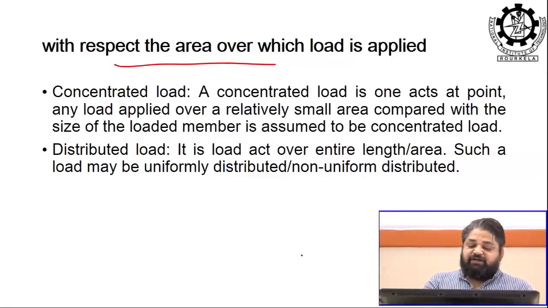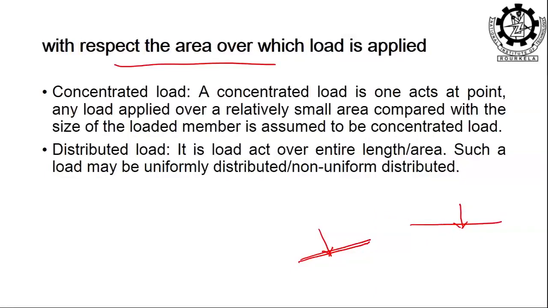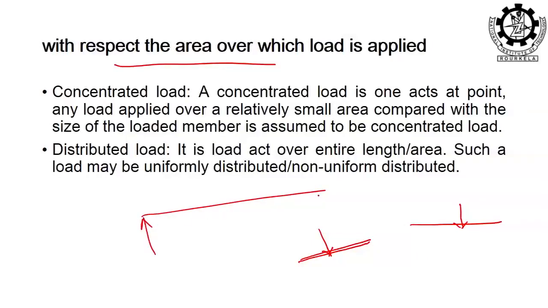If a person is standing on his feet on a bridge, or on a road, how can I say it is a point load? I cannot. Let us say on a 500 meter bridge, with the projected area of a human being, and with social distancing, every 2 meters one person is standing.